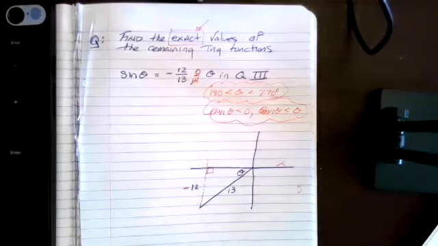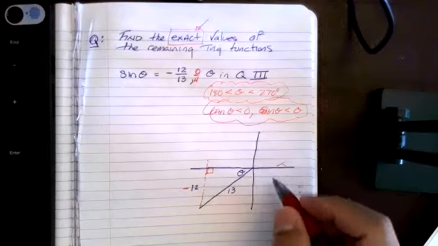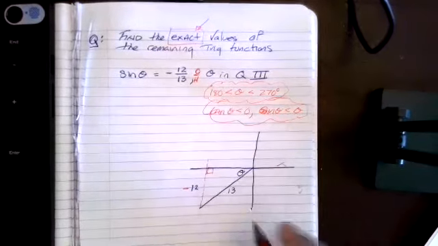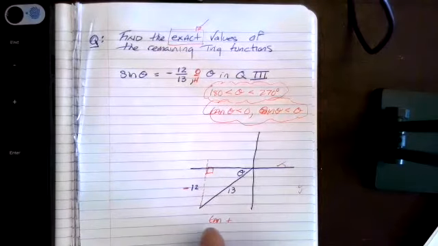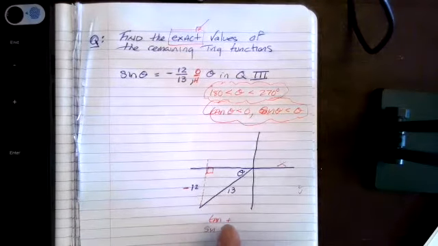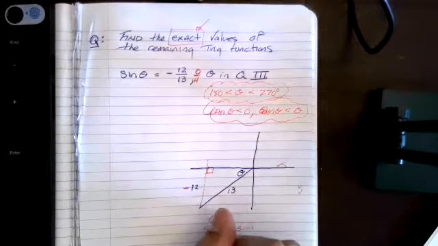So you just want to keep that in mind. Regardless, you know all students take calc, so you know tan will always be positive, therefore sine and cosine will be negative in this quadrant. It's another thing you know.